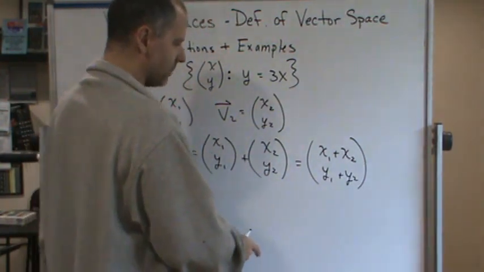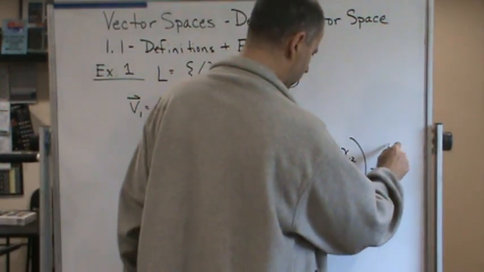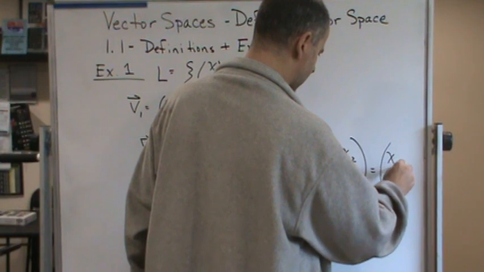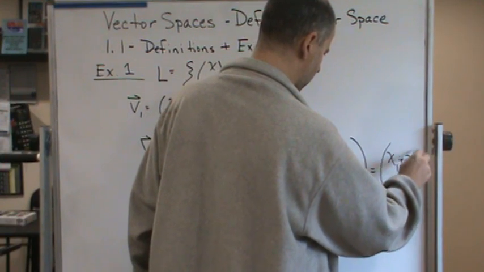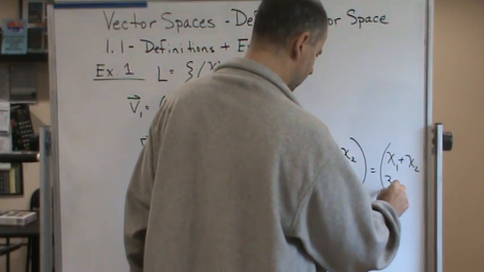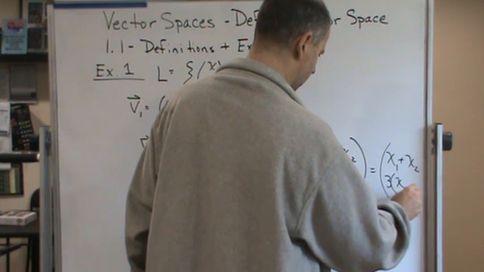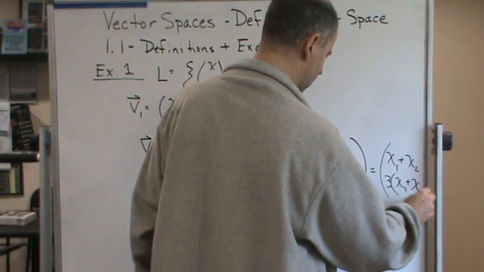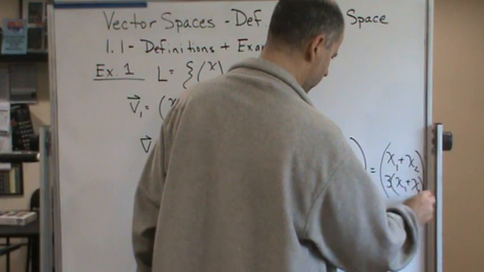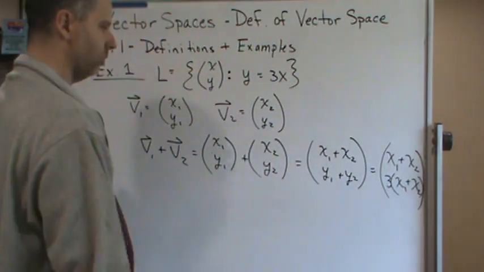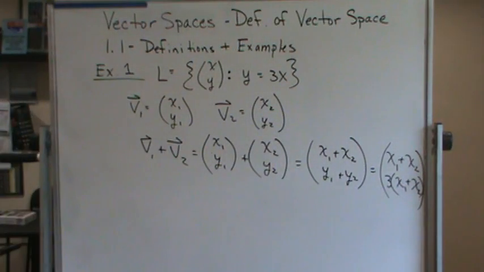Well, it makes sense because I can rewrite this as x1 plus x2, and this will be 3 times the quantity x1 plus x2. So it is still in L.